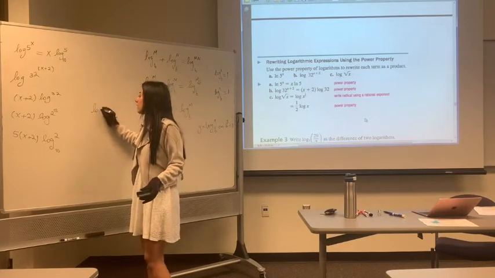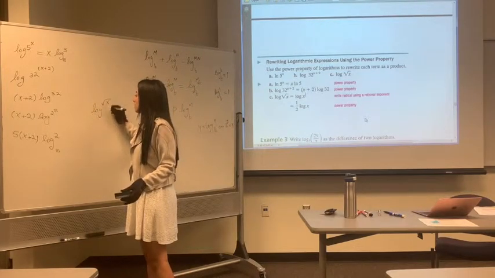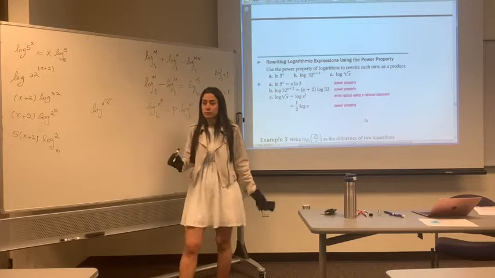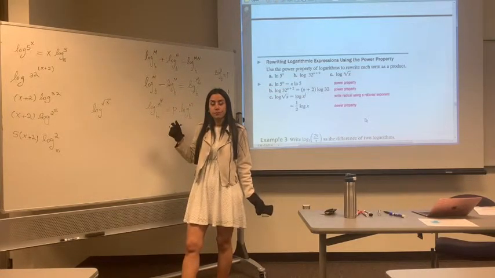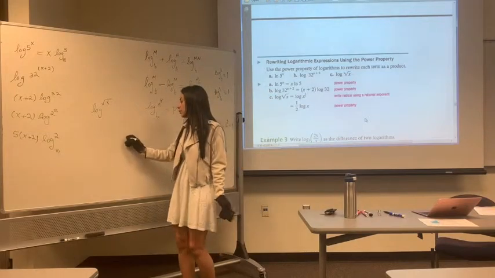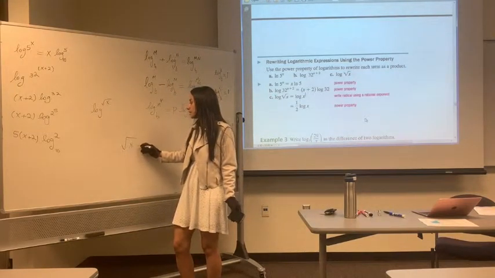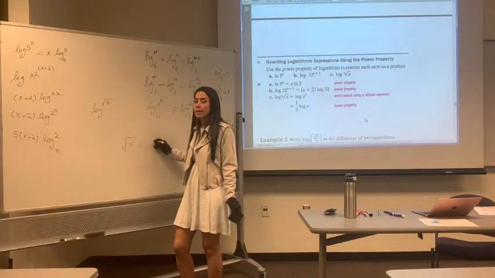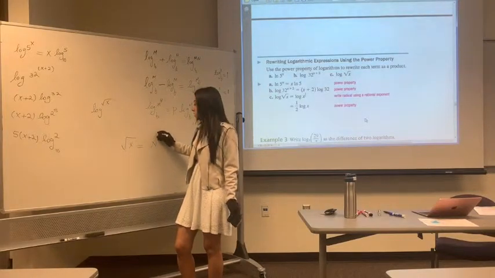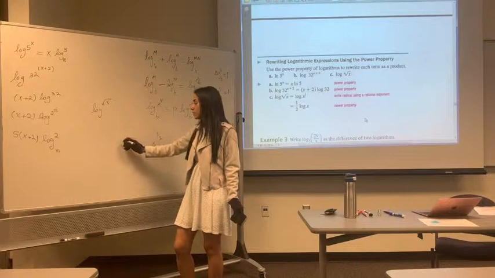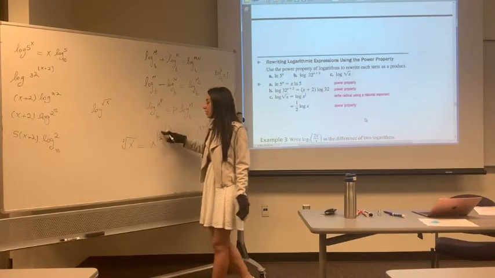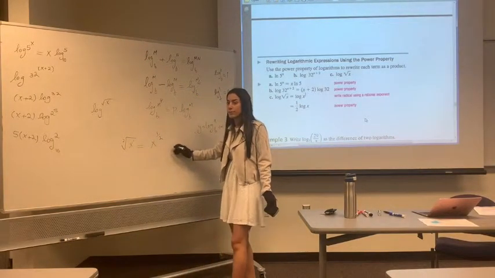Now it says we have log of radical x. From previous lectures, we should know that the radical x can be written as x power 1 over 2. Because the power of x is 1, the index is 2, we have 1 over 2. Do you remember?